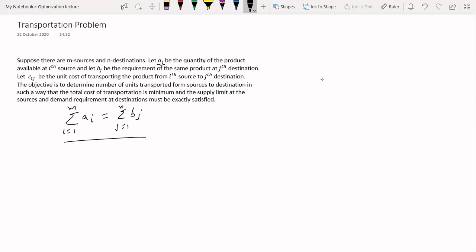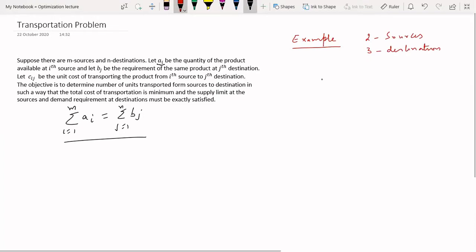Okay, let me explain the construction of this problem with an example of 2 sources and 3 destinations.